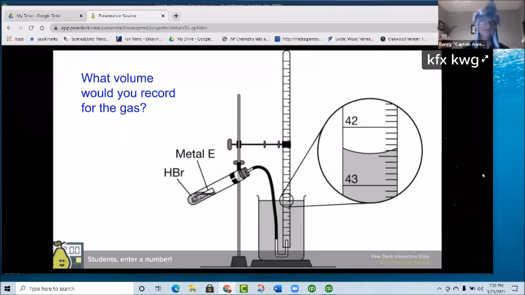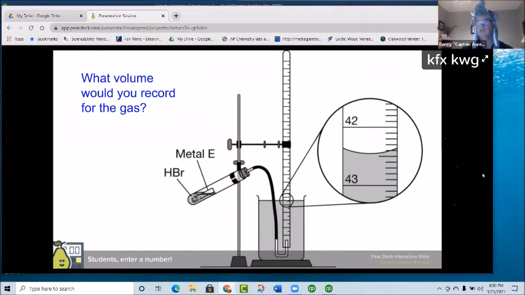42.4. And then since the lines are reading to the tenths place, so it's reading to 1 decimal place, whenever we read a device, we go 1 more decimal place than what the line suggests. So the lines read to the 1st decimal place on the device. So we would want to guesstimate that 2nd one.